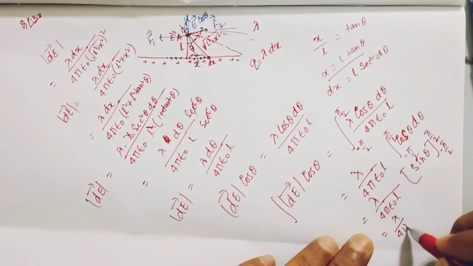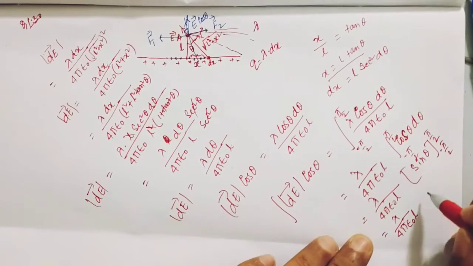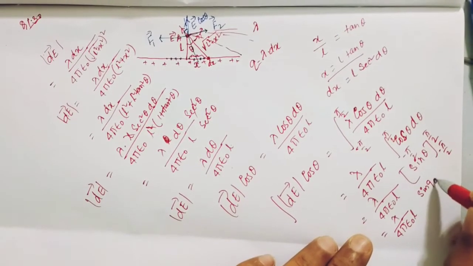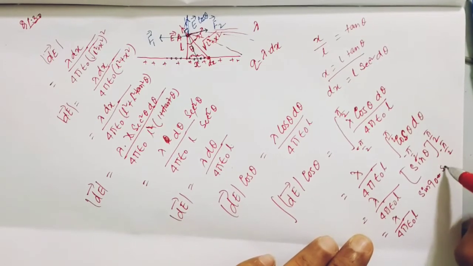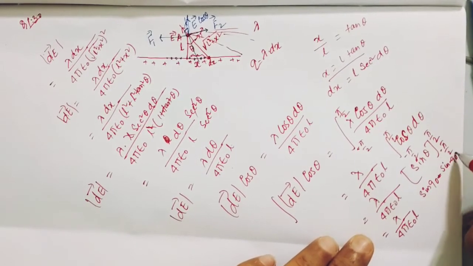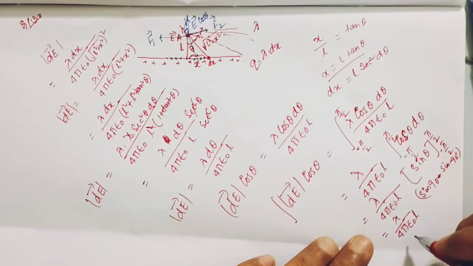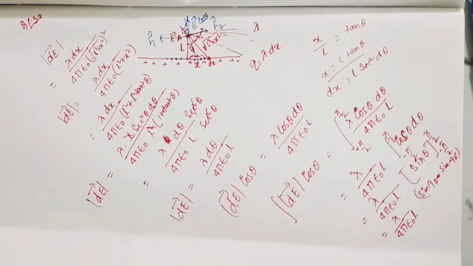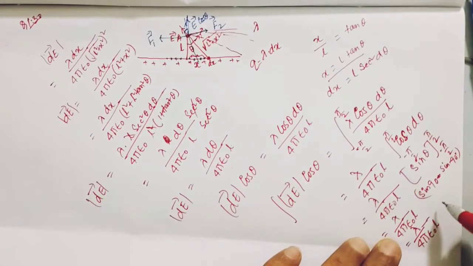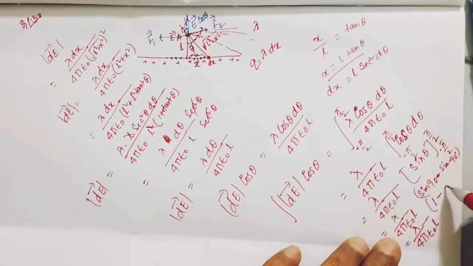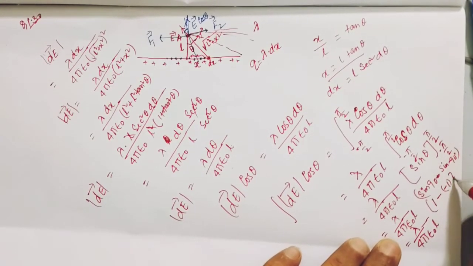So what is here actually? Lambda over 4 pi epsilon naught L into sin 90 minus sin minus 90. This is sin 90 which is 1, minus minus 1, so this will be plus 1 actually.